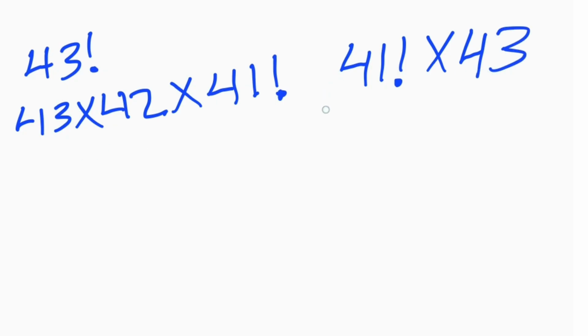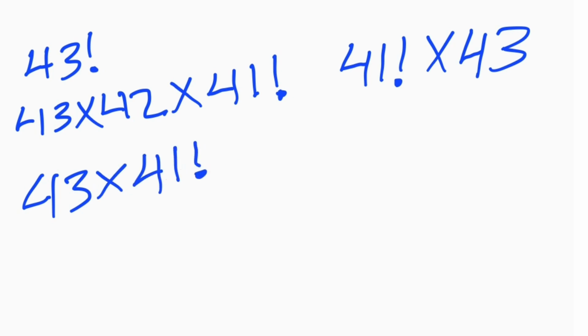So now you can see it just by looking at the numbers, but I'm going to write it down for you to compare. So we have 43 times 41 factorial. It doesn't matter if you change the order in multiplication, it doesn't have any effect on the number. So 43 times 41 factorial is not equal to 43 times 42 times 41 factorial.